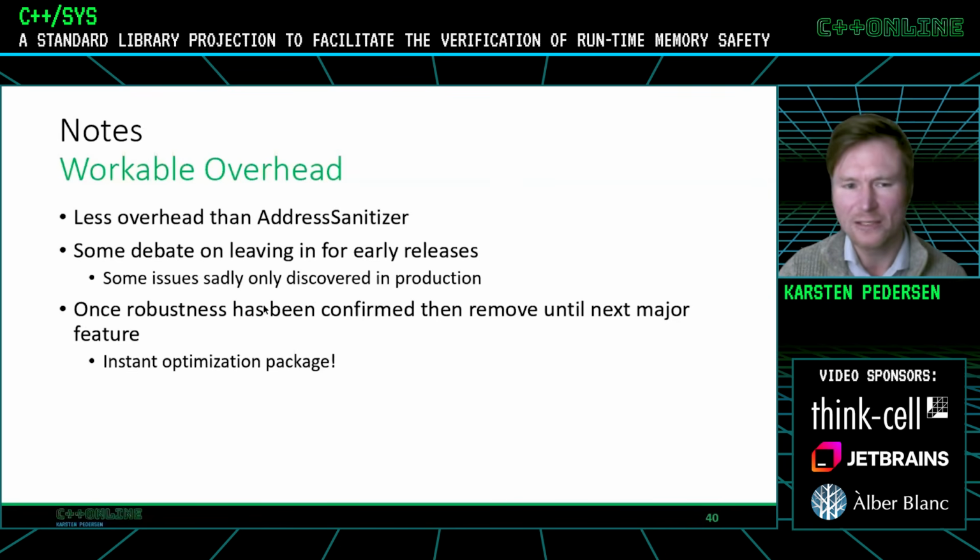It doesn't just sometimes crash, sometimes not. It'll always crash. Maybe turn it off for stakeholder demos though. I think some memory being corrupted but not crash might be the better solution to the crash. I don't know. But also, once it's been confirmed and you are happy to then finally strip out C++ sys, effectively you can mark it down as an instant optimization package to your client.